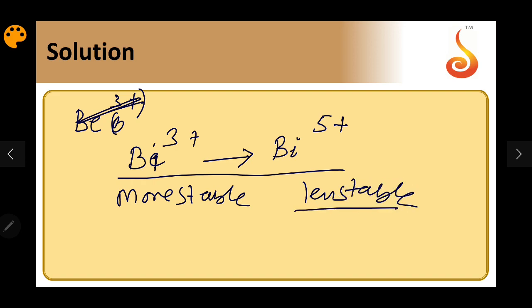So since it is less stable, the oxidation is not easier. If oxidation is not easier, it is a bad reducing agent. So option C is also a wrong statement and a correct answer for the given question.